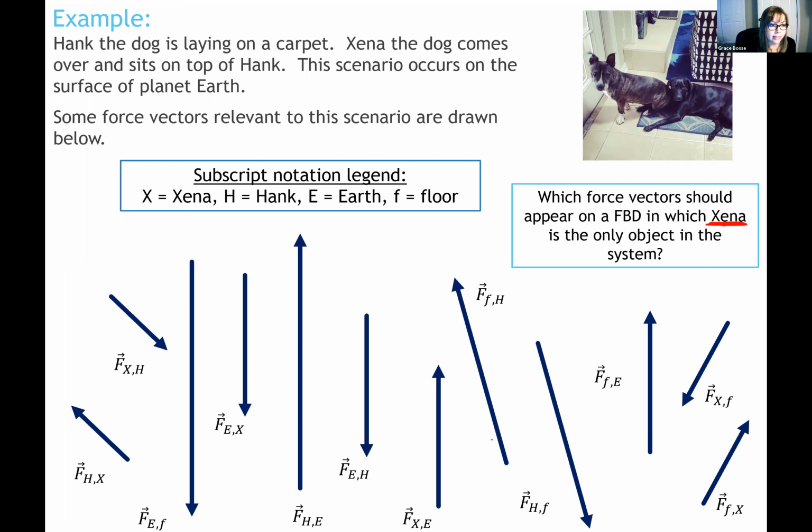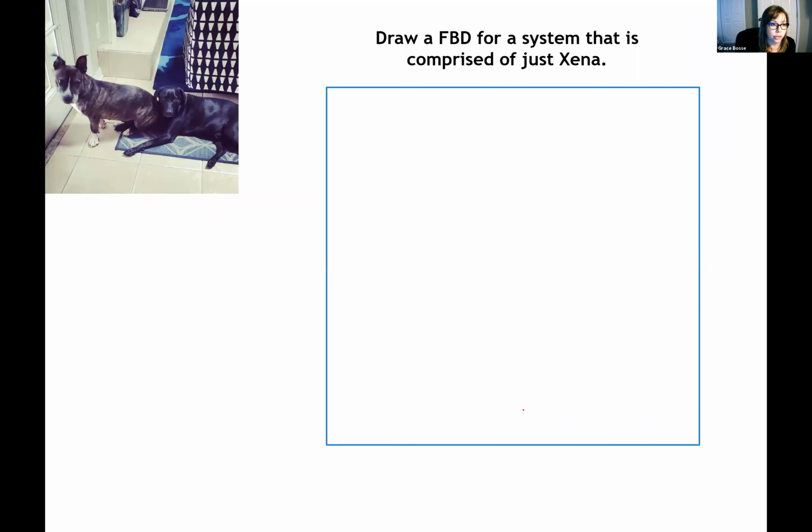Any vector that has X as the second subscript is something that we would include on a free body diagram for our system in which Xena is the system. So just looking at these subscripts, I can identify these three forces right away. These are the three forces that should be on a free body diagram where our system is just Xena. So I've just copied those forces over here.